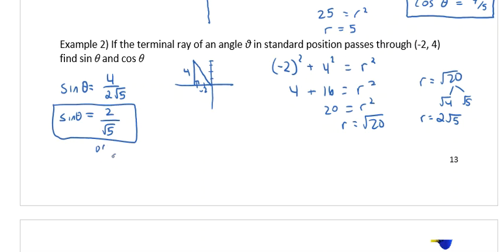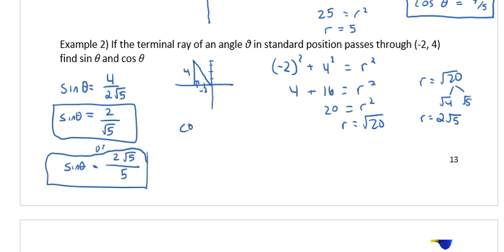Or if I rationalize, I could have 2 root 5 over 5. Cosine of theta, negative 2 over 2 root 5, negative 1 over root 5. Or if I'm rationalizing, negative root 5 over 5.